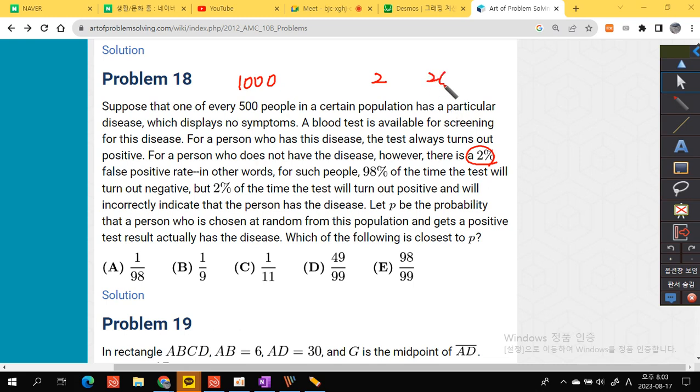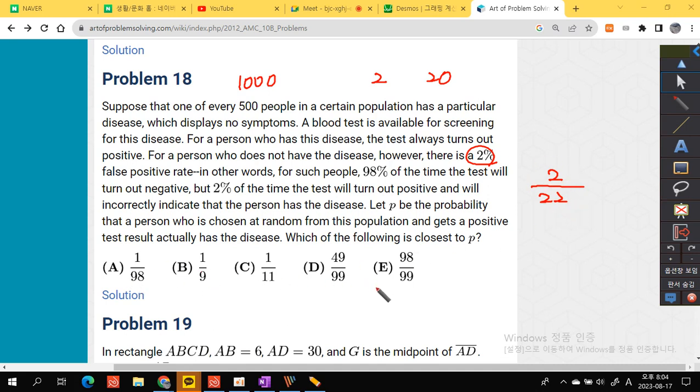So that means there will be 20 false positive people. Although they don't have the disease, their result is positive. So we want to find the probability that when the person gets the positive result, the person has the actual disease. So that means 2 over 22 is the probability.